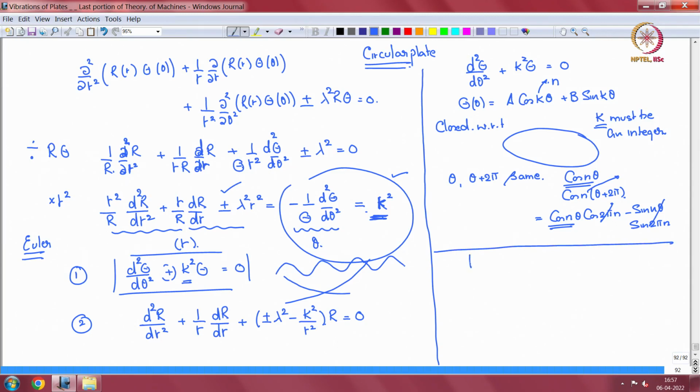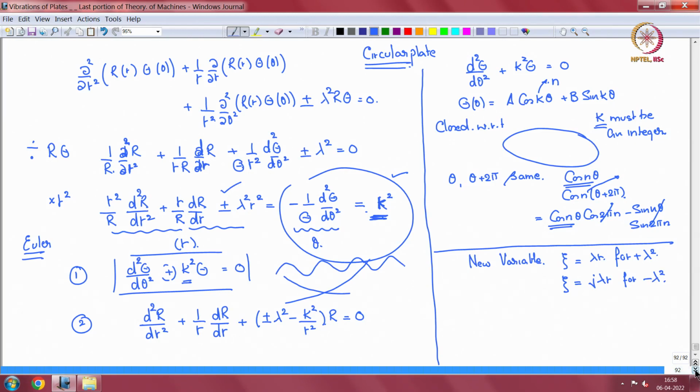We introduce a new variable, which is zeta or xi, equal to lambda r for plus lambda square, and xi equal to j lambda r for minus lambda square.